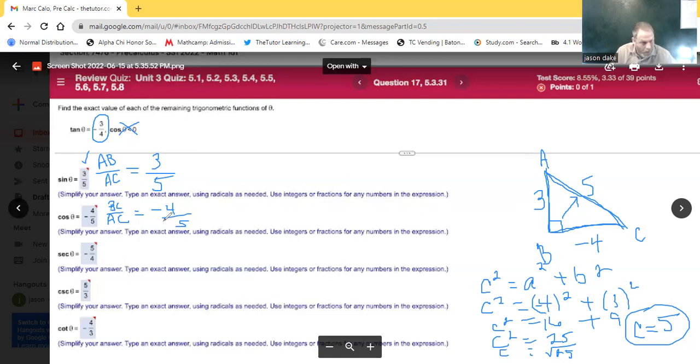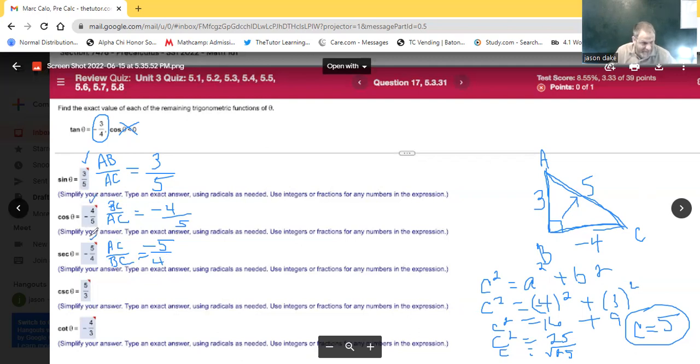Yes, it does. All right, we're looking at secant. So we're looking at AC over BC. AC is 5, let's bring over that negative, and BC is -4. Okay, does that match our answer?